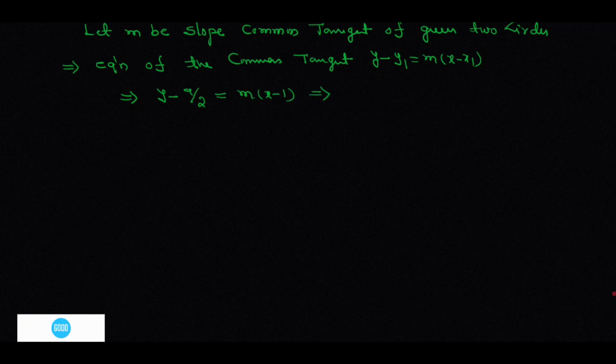Now simplify the equation, we get 2mx minus 2y plus 9 minus 2m is equal to 0. Let this be equation number 1.